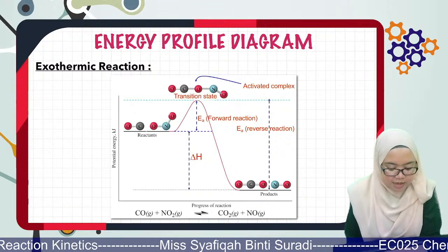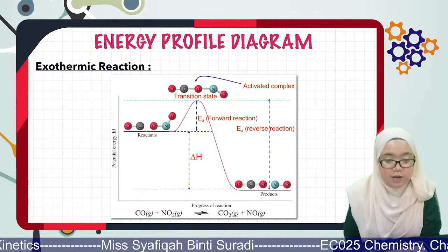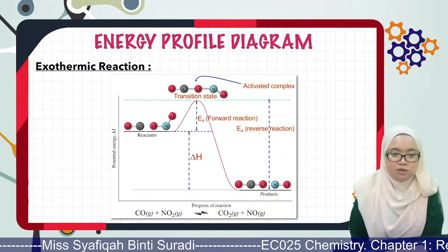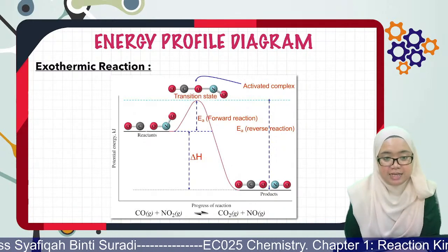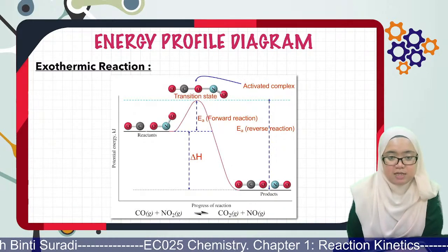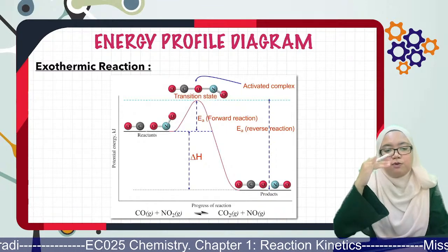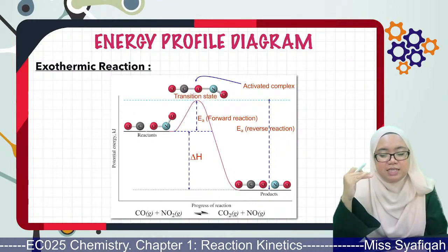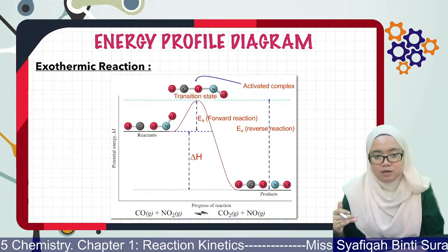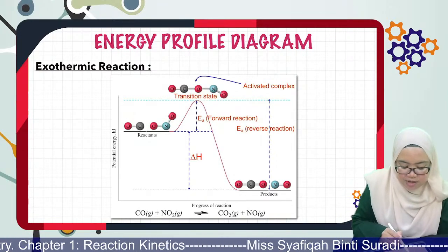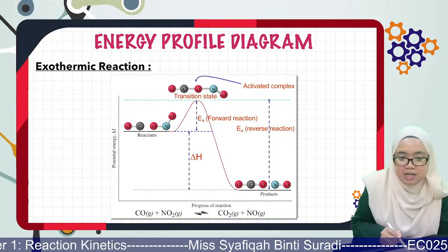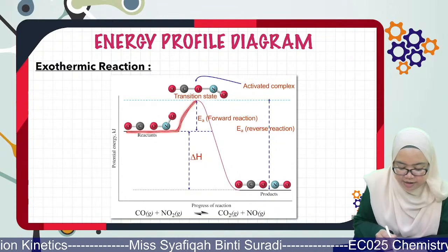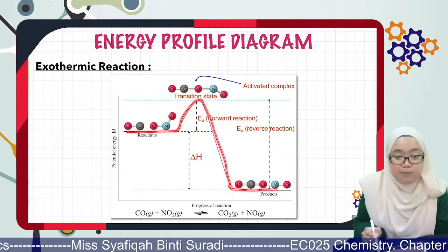Now, ini adalah profile diagram untuk exothermic reaction. Okay, so untuk exothermic reaction means heat release. So, bila heat release means that the reactant punya potential energy is higher than punya product. So, you akan start dekat yang potential energy yang tinggi lah. Lepas tu nanti you akan naik and then turun pergi pada produk.